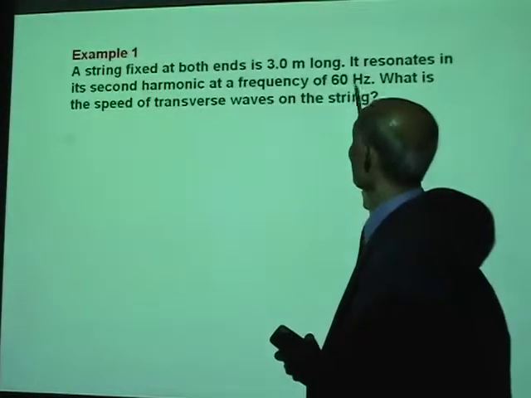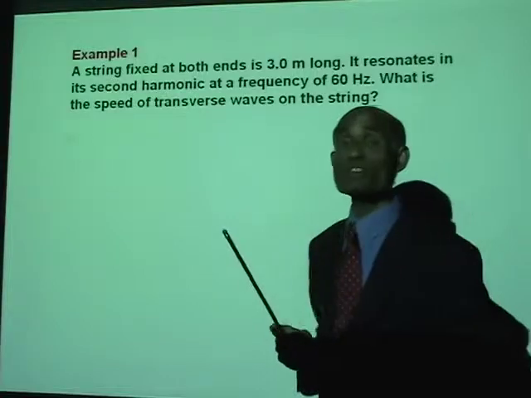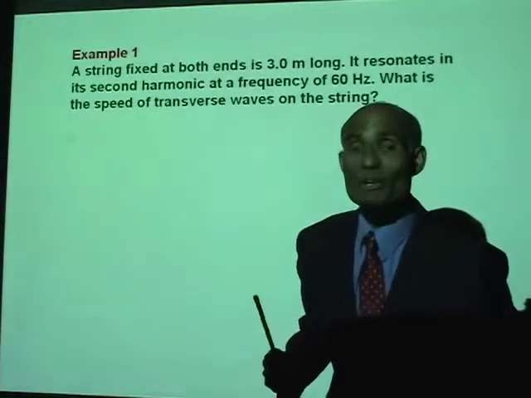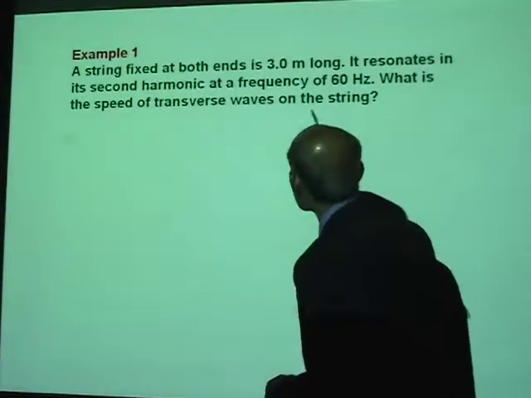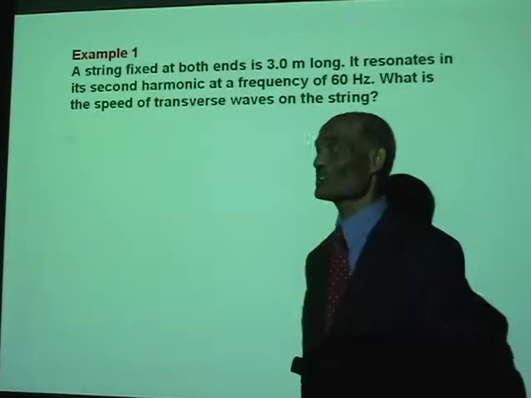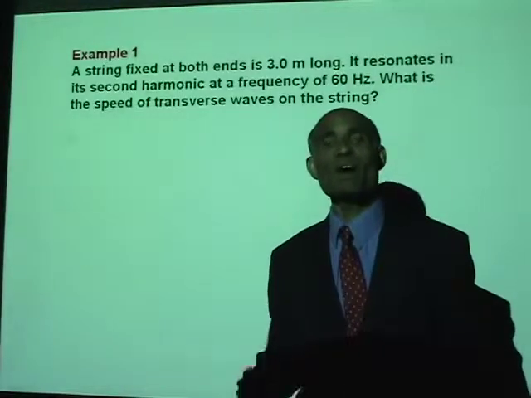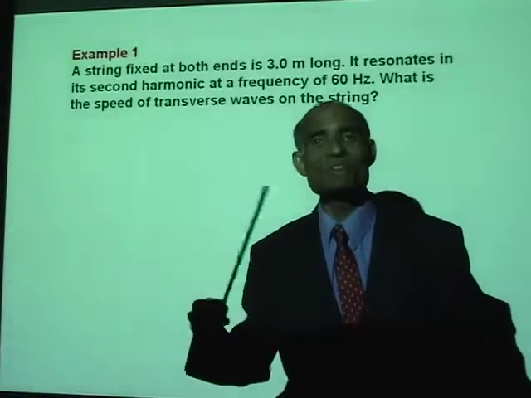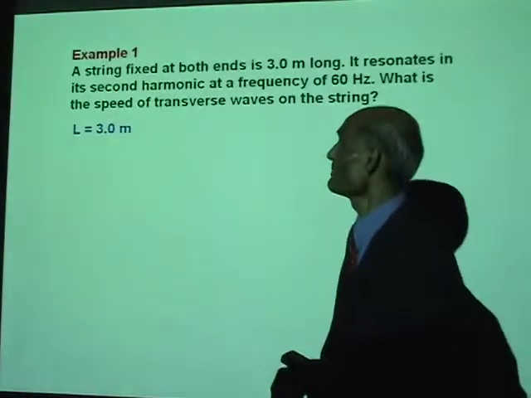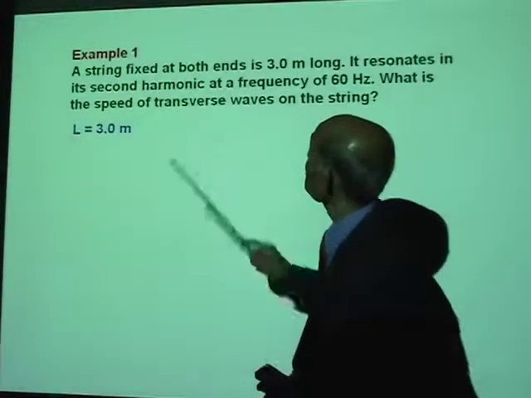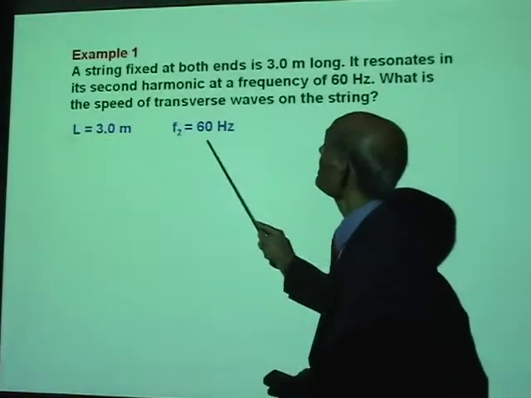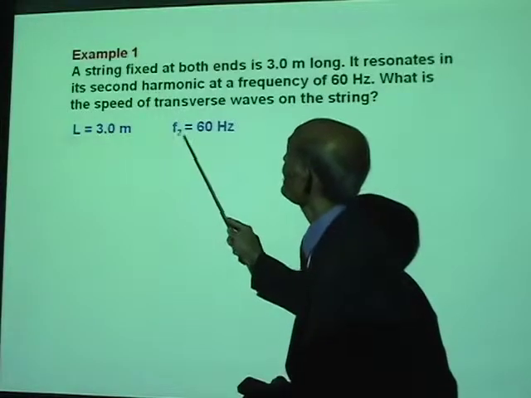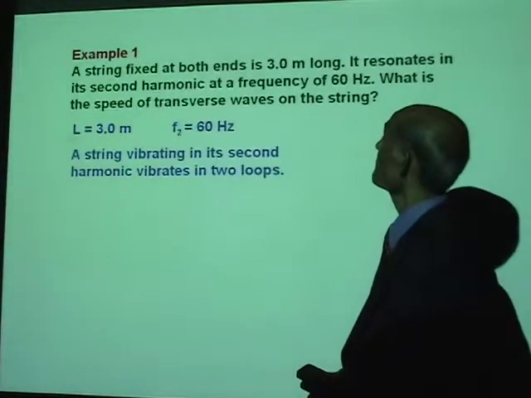Well, if the frequency of the second harmonic is 60 Hertz, the fundamental is 30 Hertz. What is the speed of transverse waves on the string? What information do you need to find the speed of a wave? Well, let's pick the data here. Length of the string is 3 meters. The frequency of vibration, the second harmonic, is 60 Hertz.